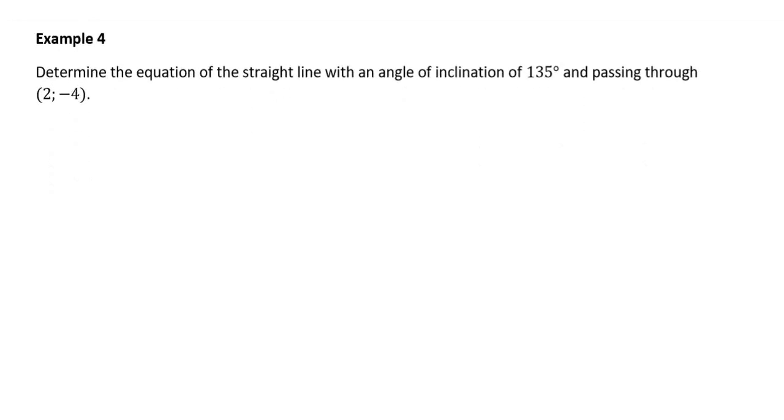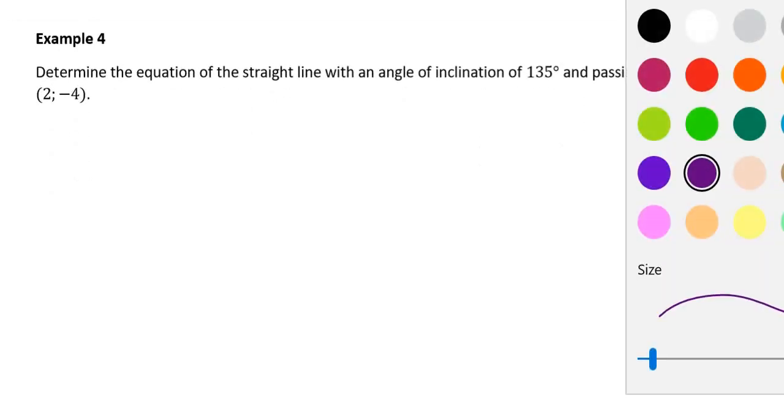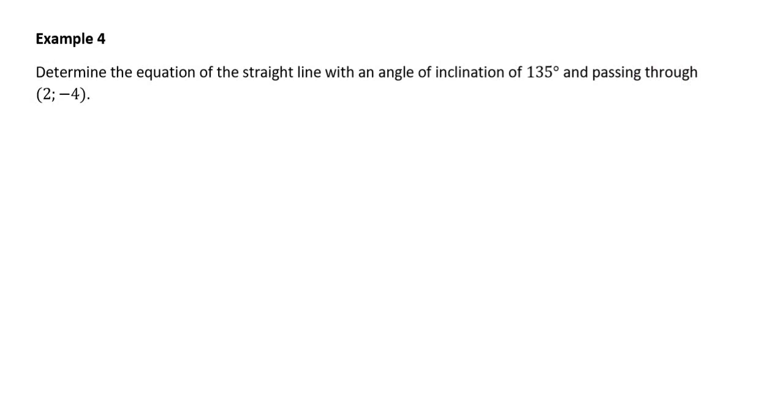Okay, last example of this intro to angles of inclination. Next question says determine the equation of the straight line with an angle of inclination of 135. Now, how does angle of inclination help me? The only thing I know about angle of inclination is that tan theta equals m, which means that tan of 135 will equal m.